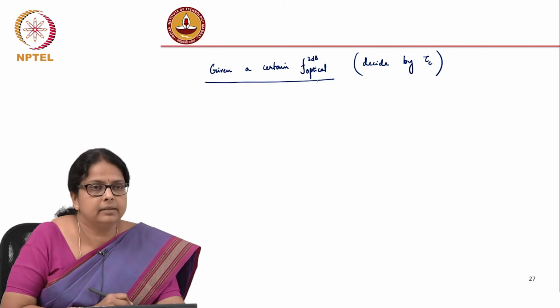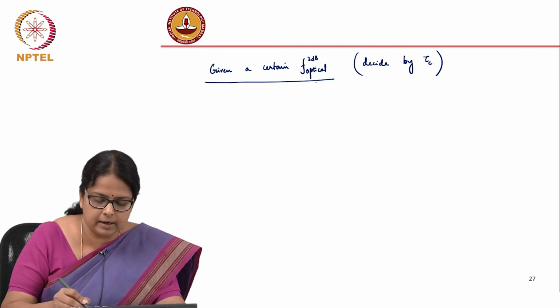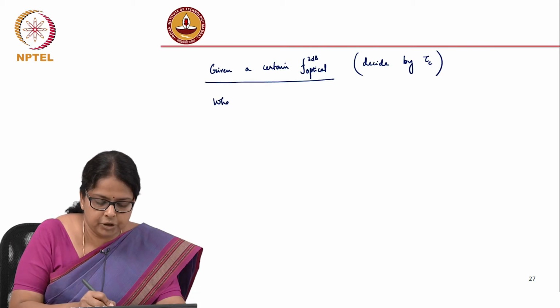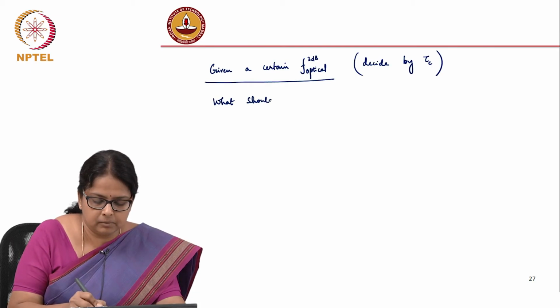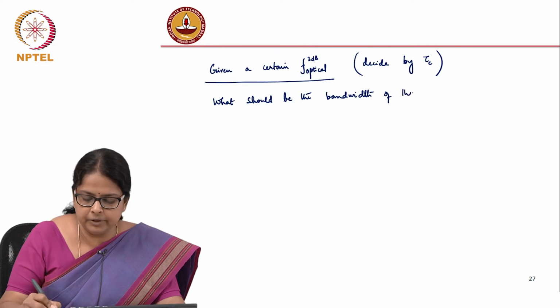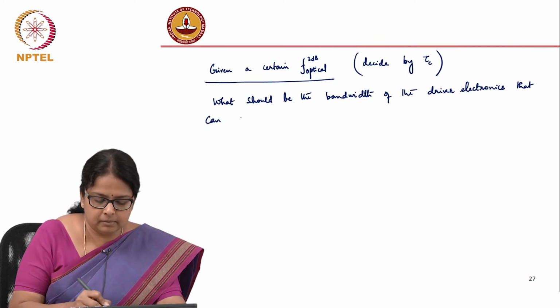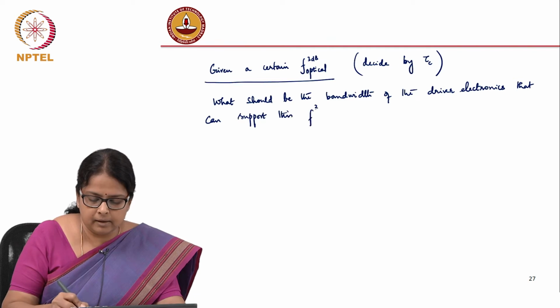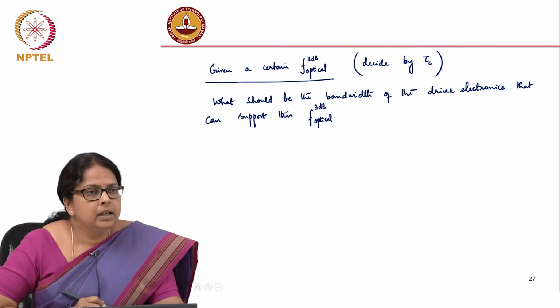Given a certain 3 dB optical bandwidth for an LED, what should be the bandwidth of the driver electronics that can support this f3 dB optical? Okay.